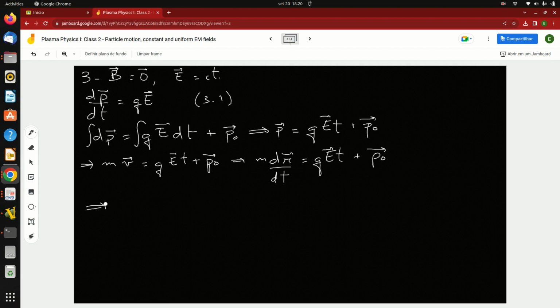So the position, if we integrate this, well, let's multiply again by dt. We have dr equals QE t dt plus this constant vector times dt, and we'll integrate again. The equations have separable variables, we can just integrate them.